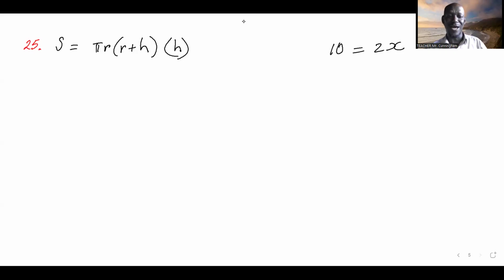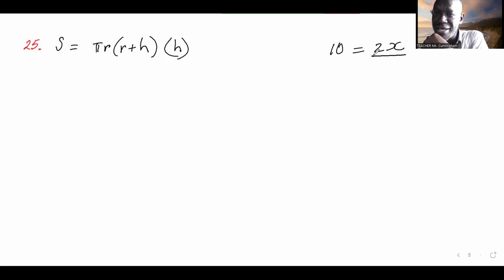I don't like that phrase. Tell me how you're doing that. It is 2 times x, so it means that you have to divide. You have to divide.